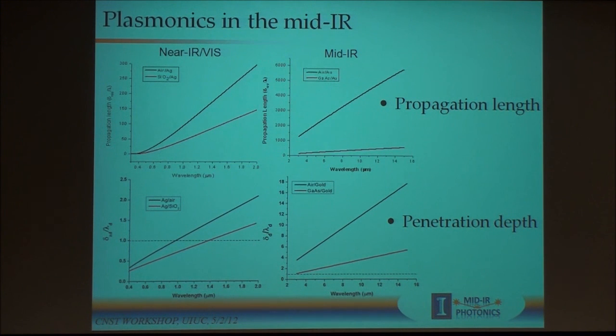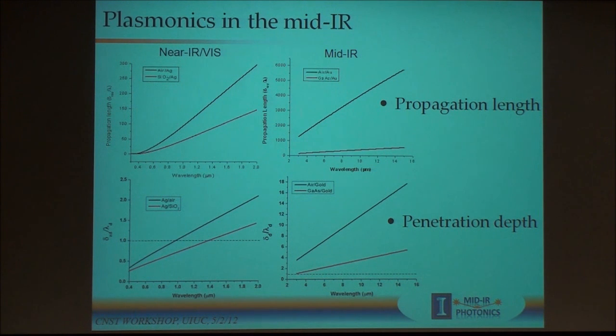And I want to show you the difference between these modes in the near IR and visible and the mid IR. So the first thing is, if you look at propagation length, you can see that in the short wavelength range, these things propagate on the order of tens of wavelengths. But as you move to the mid IR, they can actually propagate for thousands of wavelengths. That's a good thing, but if you look at the penetration of the mode into the dielectric side of your interface, what you immediately see is you get very strong confinement in the near IR visible, and your confinement is much larger than the wavelength of light in the mid IR.